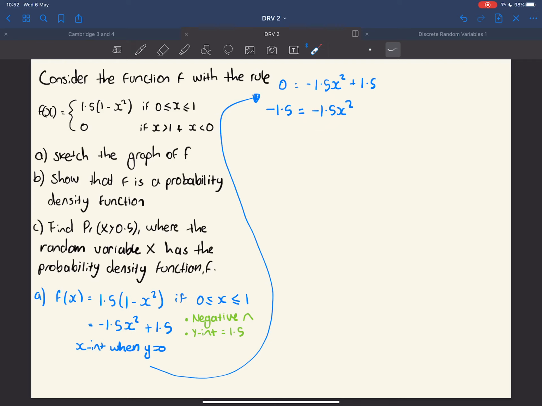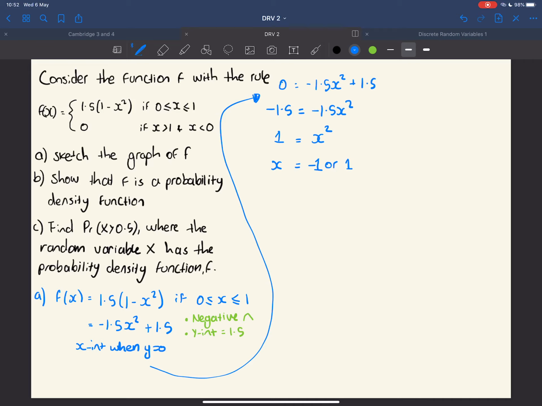Dividing by negative 1.5 on both sides, negative 1.5 divided by negative 1.5 becomes 1. So 1 equals x squared. So x must be the square root of 1, which is either negative 1 or positive 1. So now we have two solutions.